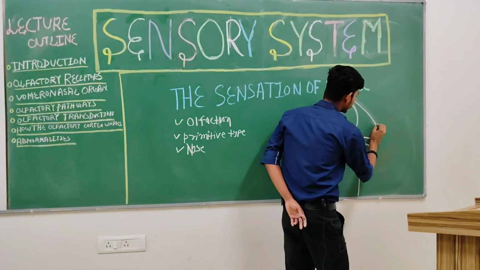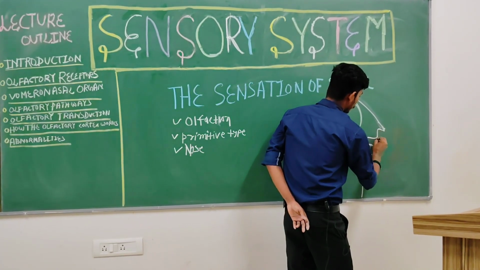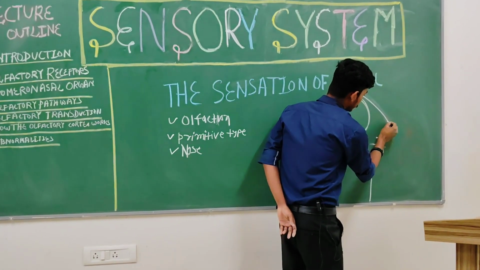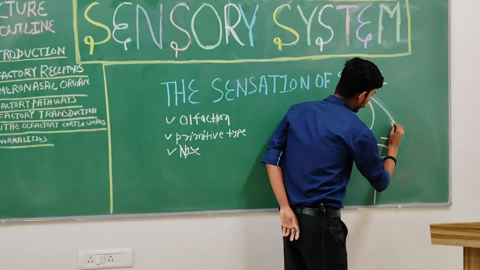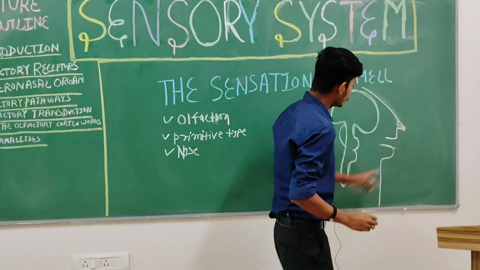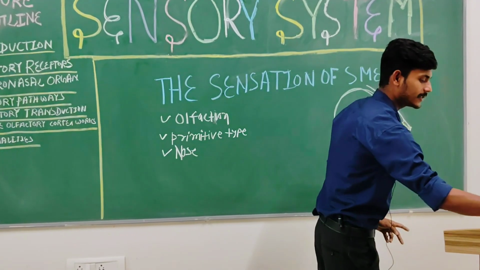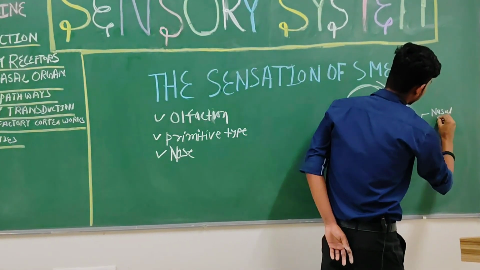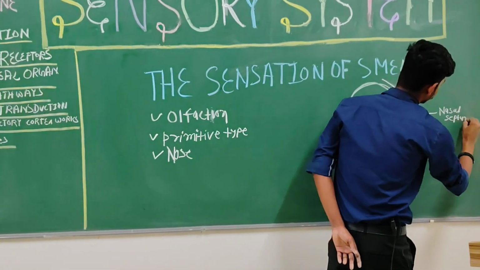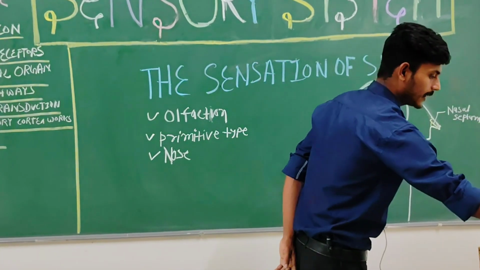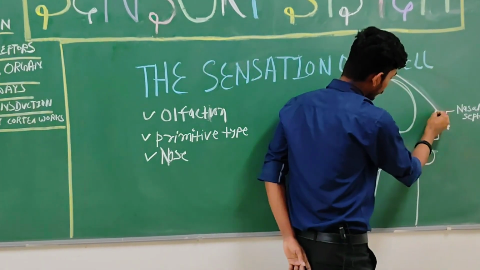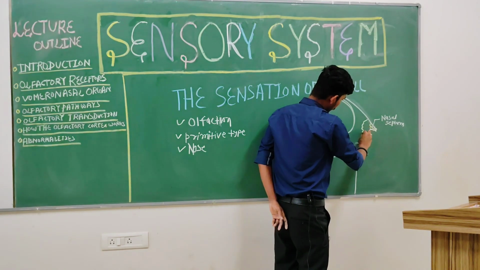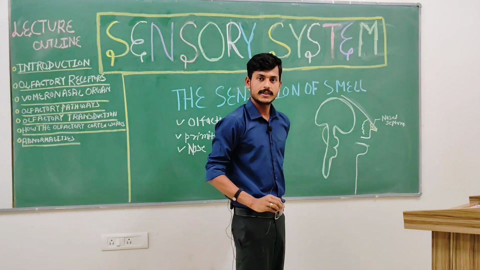Internally the nasal cavity is divided into two parts. These two parts are separated by this septum, which is called the nasal septum. And if you remember, here the ethmoid bone is present.